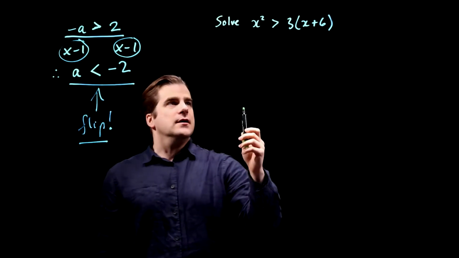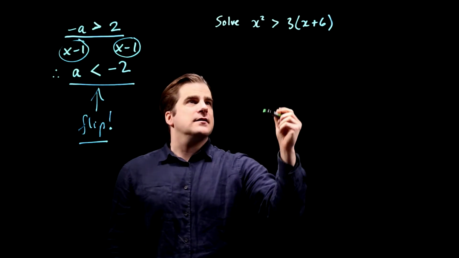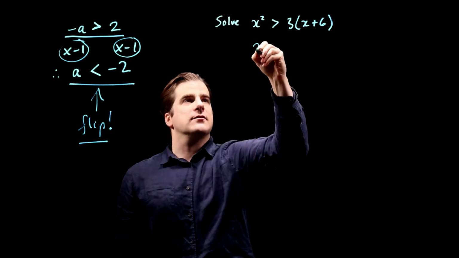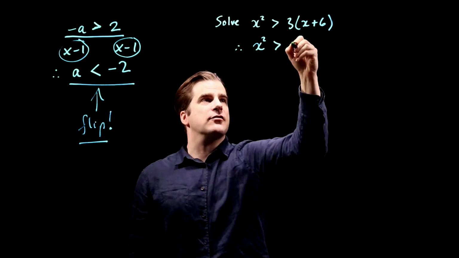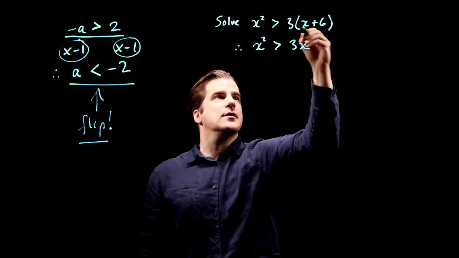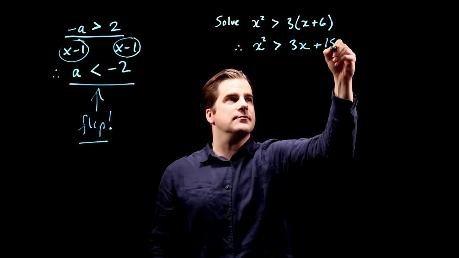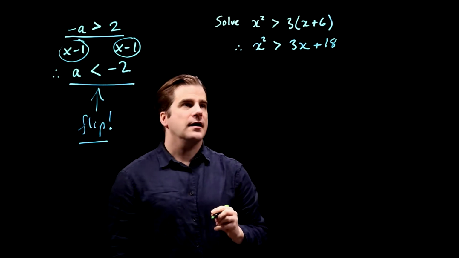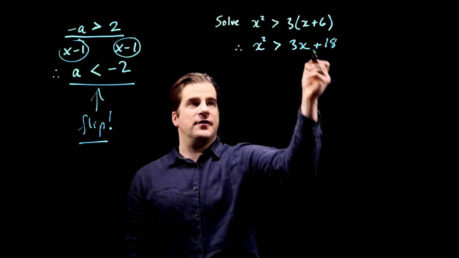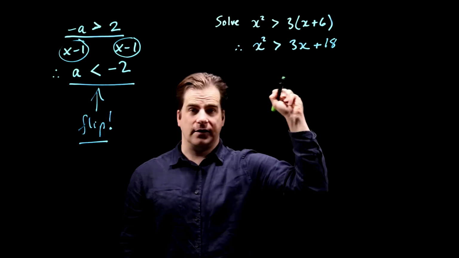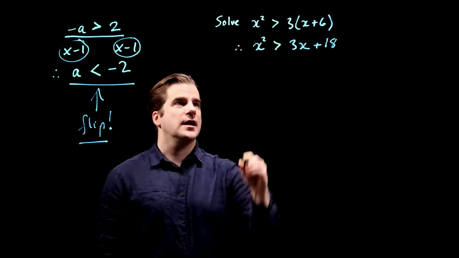Right, let's do the question. First thing, let's multiply out the bracket. So we get, therefore, x squared is greater than 3x, 3 times 6 is 18. Right, it's looking suspiciously like a quadratic, isn't it? So let's get everything on the same side and leave 0 on that side.